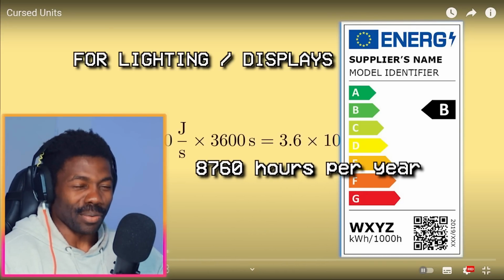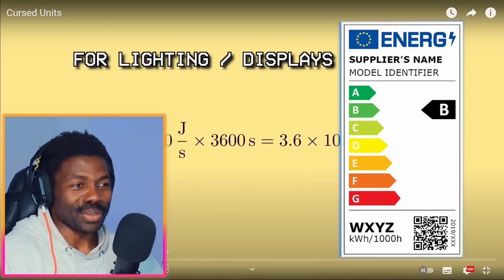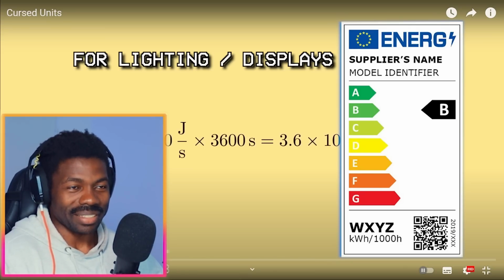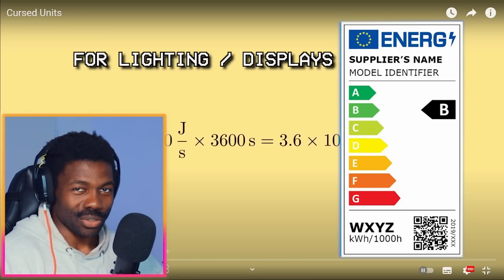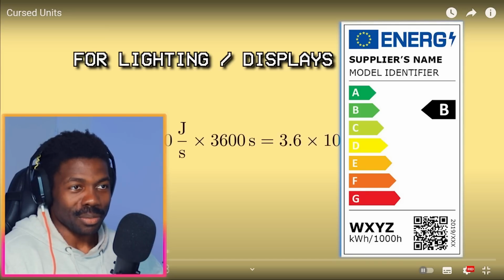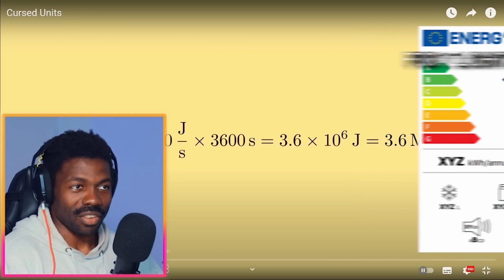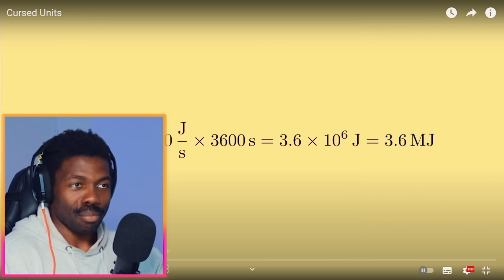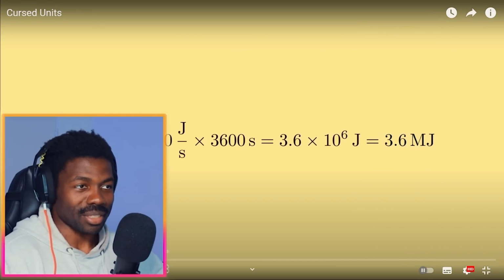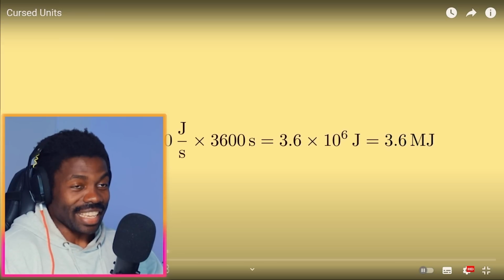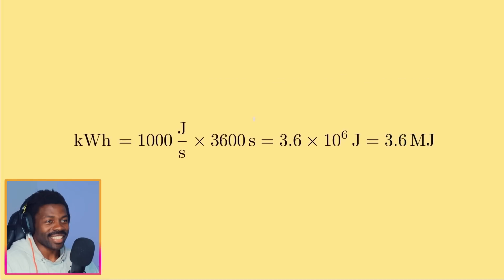Depending on how long your appliance is running, you get the amount of energy it uses. But with regard to the washing machine, we actually have a ratio of load to energy consumption, because we then have kilowatt hours per kilogram. So yeah, it gets even more cursed. You can maybe see now why I think kilowatt hours are cursed.